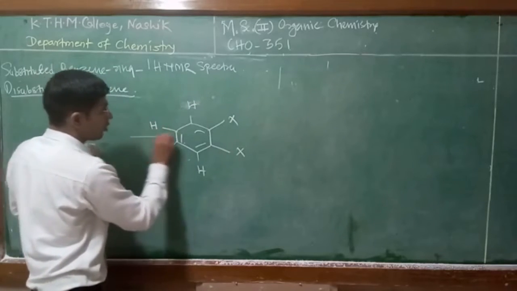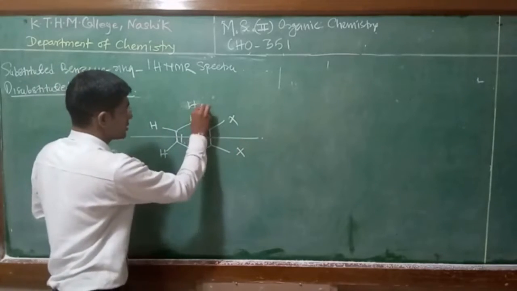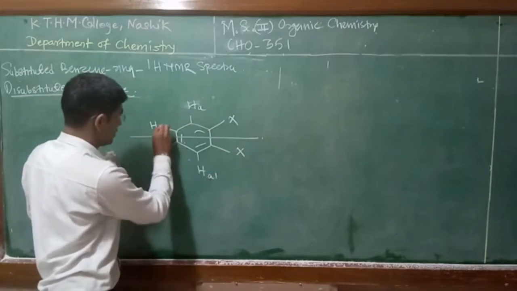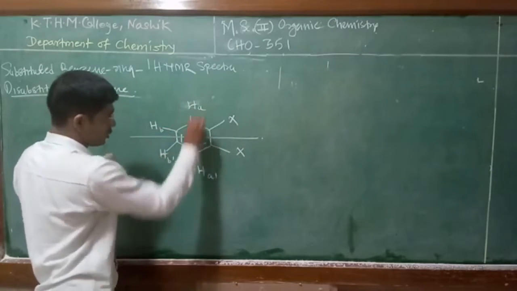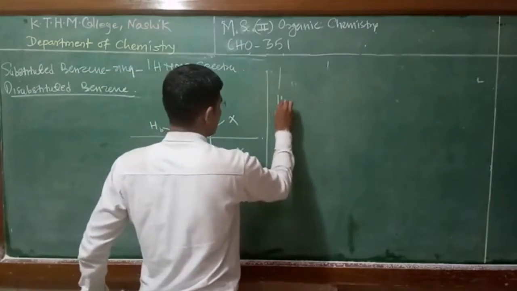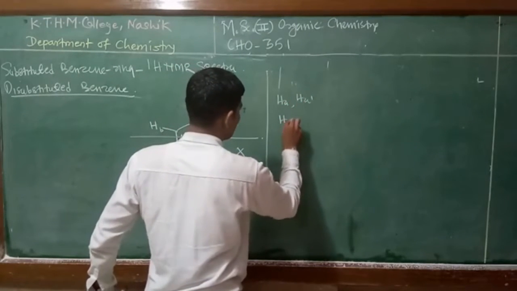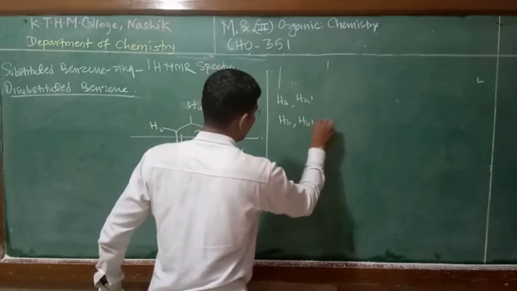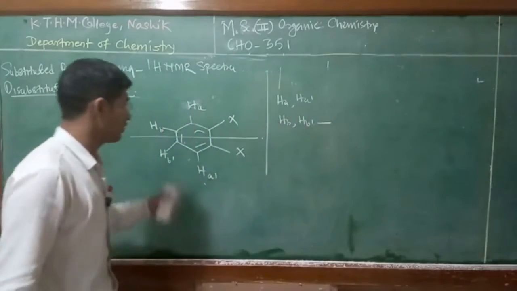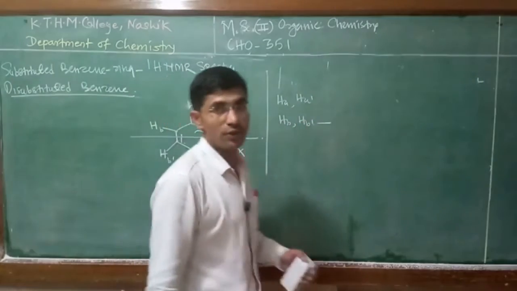So obviously the aromatic ring protons, this Ha and this Ha dash, this Hb and this Hb dash. This Ha and Ha dash are chemically equivalent but magnetically non-equivalent. In the same way Hb and Hb dash are chemically equivalent but magnetically non-equivalent. In this situation also we observe the same thing.